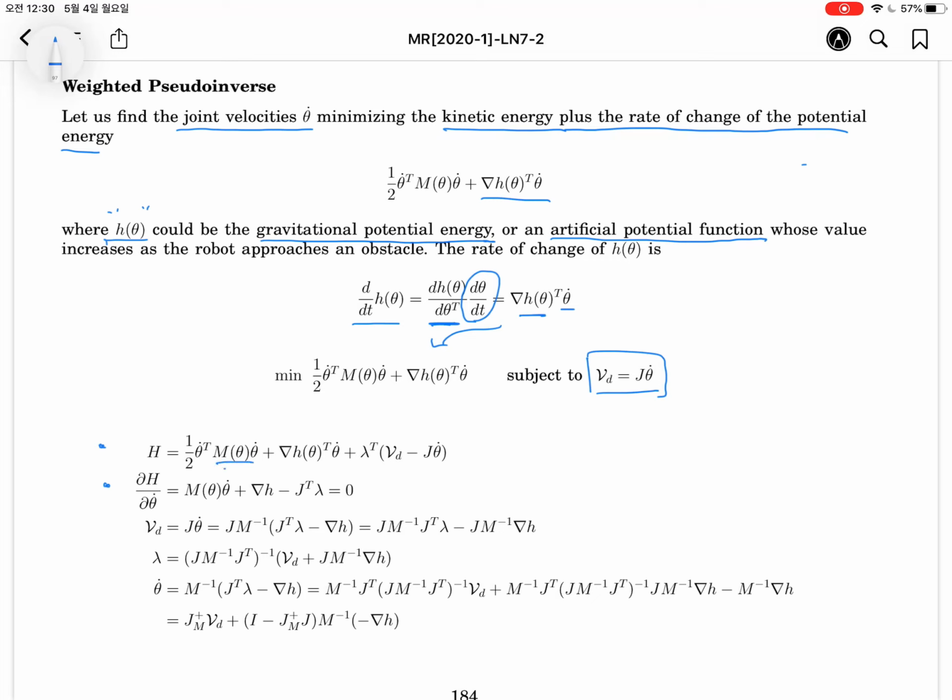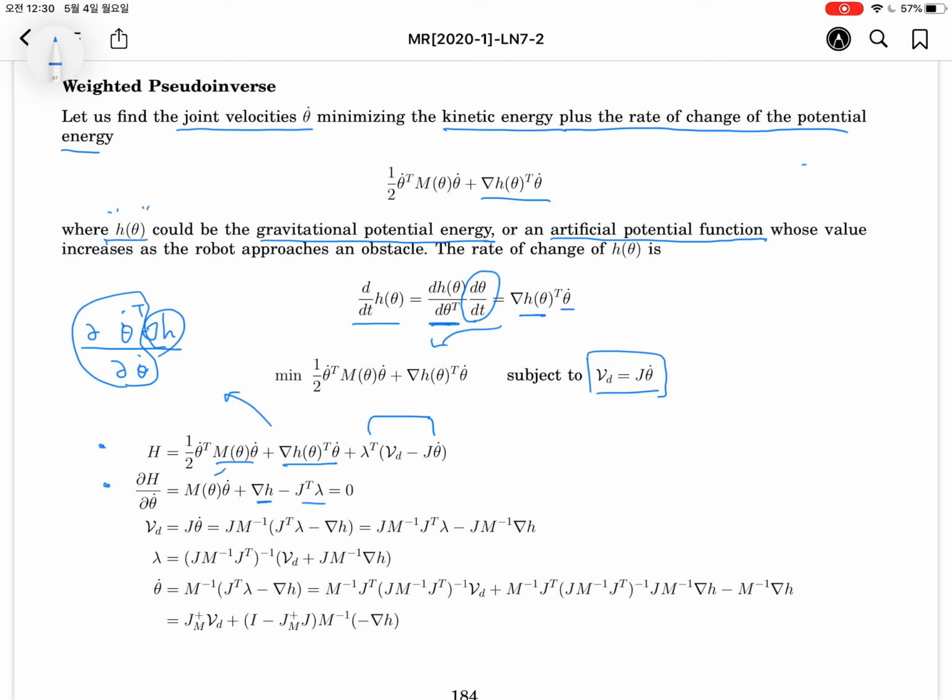Okay, the Hamiltonian matrix is given. Round H, round theta. The first term is this one. The second term is the K from here. Take the transpose operation, theta dot transpose, gradient H, round theta dot. It is the identity matrix, so delta H is given without transpose.